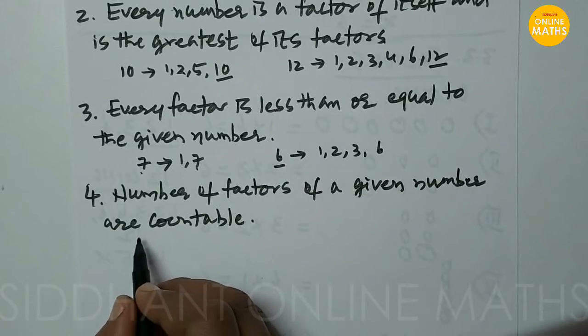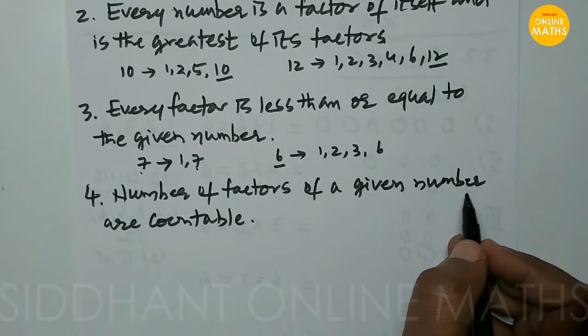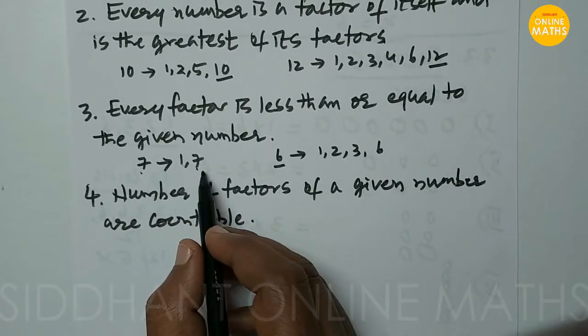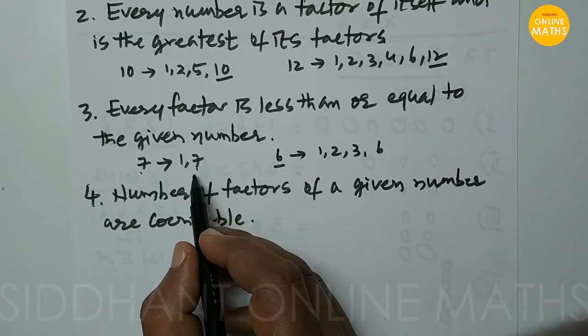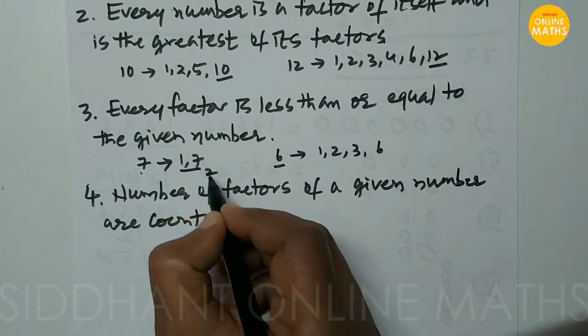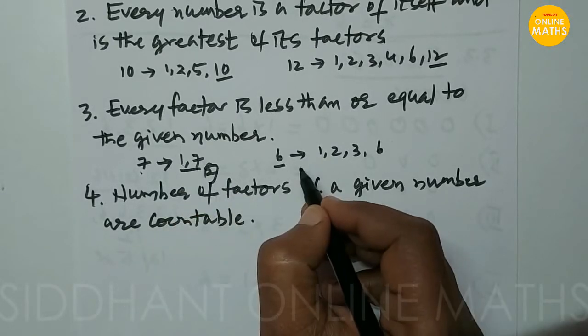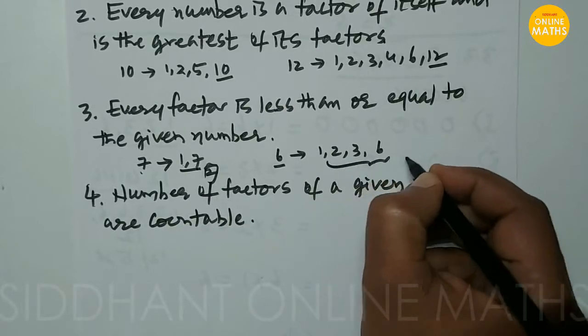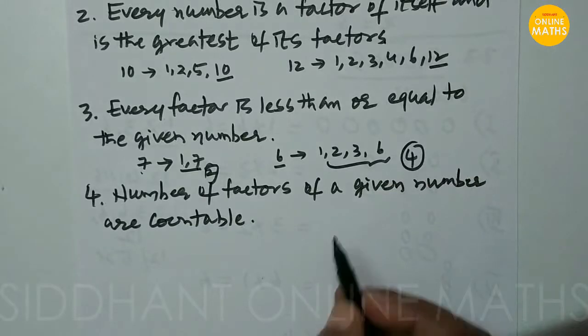And the fourth statement says the number of factors of a given number are countable. So suppose 7 is there, we have 2 factors here, 1 and 7. So you can count these numbers. That means how many factors are there? 2 factors are there. Now here the number 6 is there, we have factors 1, 2, 3 and 6. So the total number of factors is 4, so you are going to count.